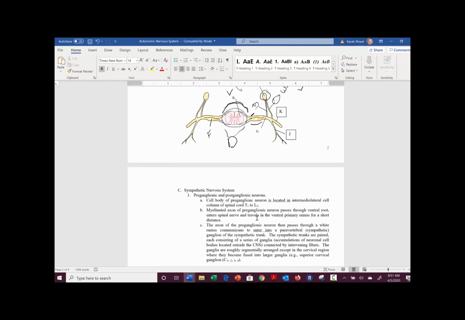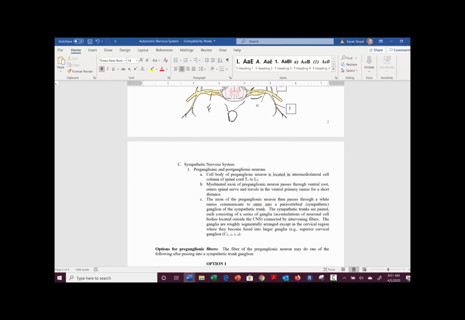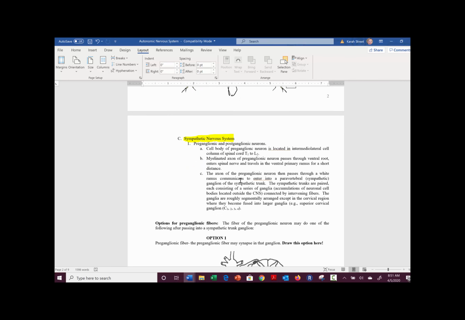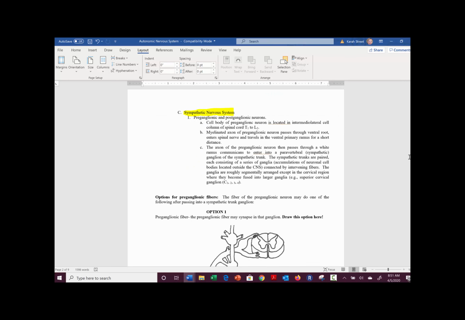So now we're going to cover the sympathetic nervous system first. And in this paragraph right here, these itemized portions, it's basically telling you where you find these structures of the sympathetic division.